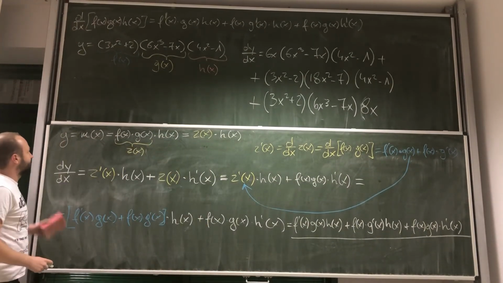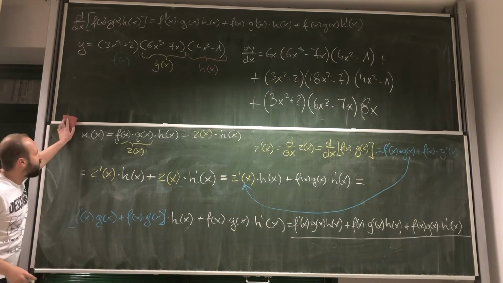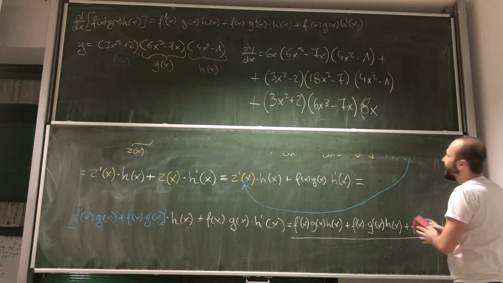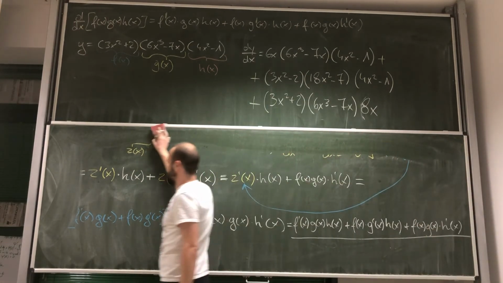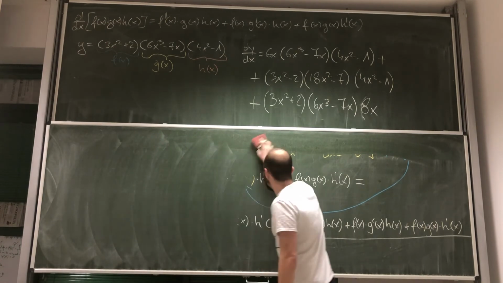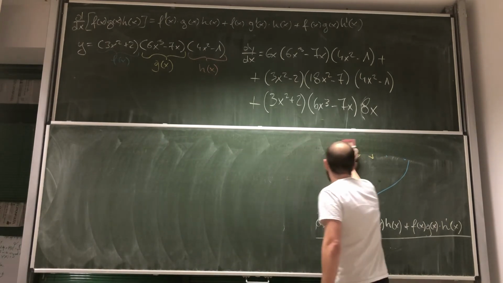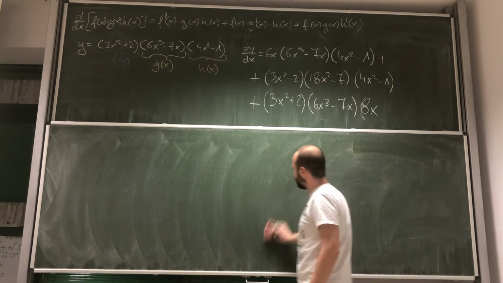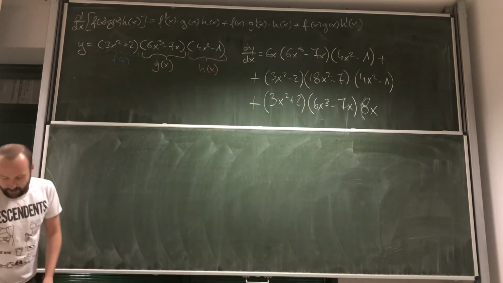Because look, I hope you can see the pattern over here. If we would like to have a product of four functions, we can apply the same reasoning to get the result there. How? Well, look.